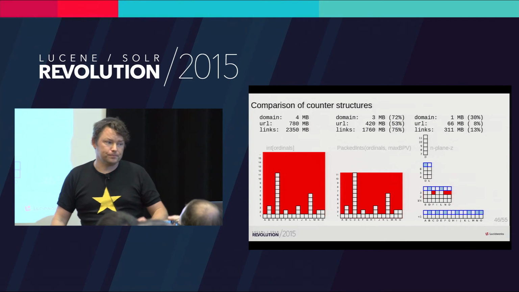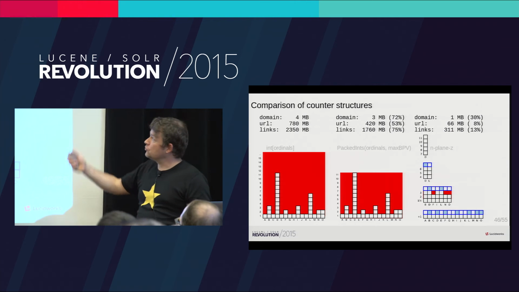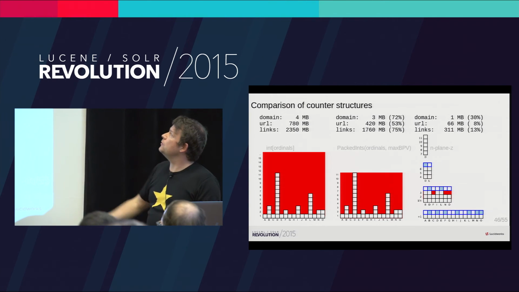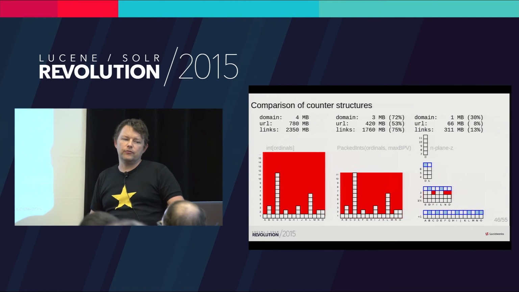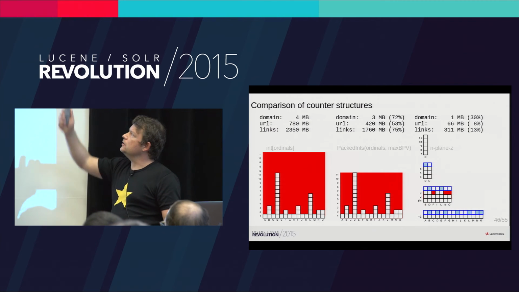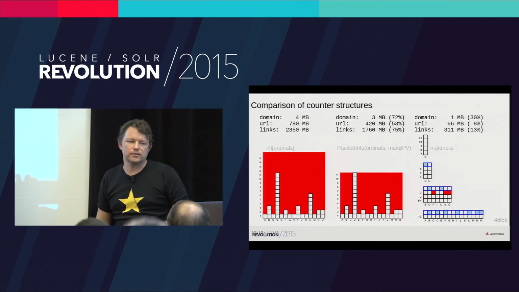How well does it work? Yes. If we look at the memory we save to the right, we're down to a third, we are down to below 10%, and we are about 13% of our original vanilla Solr memory size. So yes, that actually means the whole counter structure for the 600 million can be in about 300 megabytes.